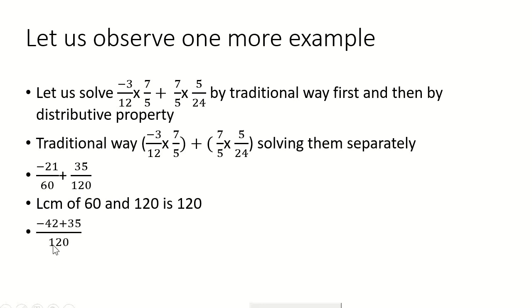As we solve it, we have 120 in the denominator and minus 42 plus 35 in the numerator, which solves out to be minus 7 by 120. Now the only common factor between 7 and 120 is 1, so we cannot solve it further. So this is our final answer.